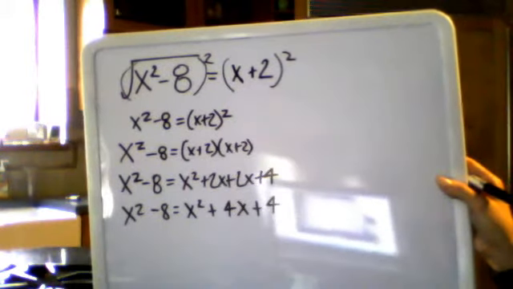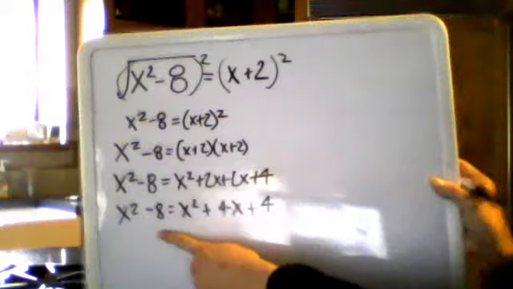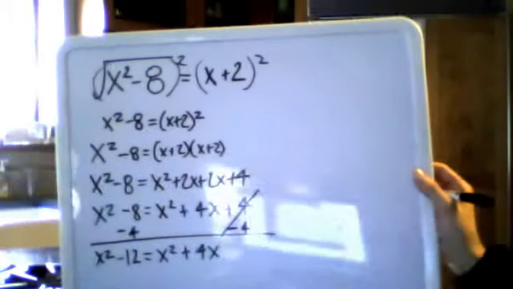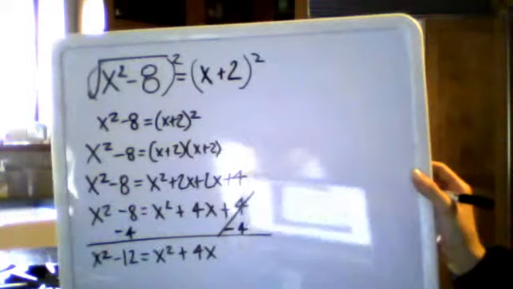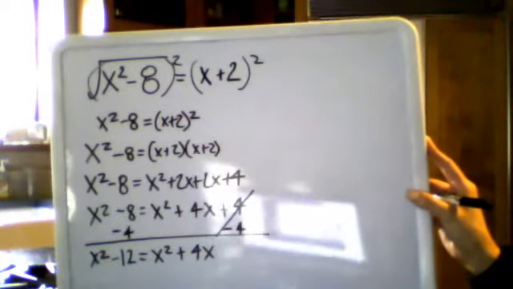I'm going to subtract the 4 from this side and put it with this negative 8. So this is what I'm left with right here: x squared minus 12 equals x squared plus 4x.